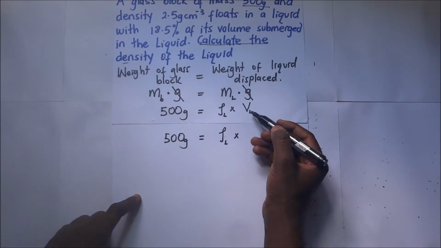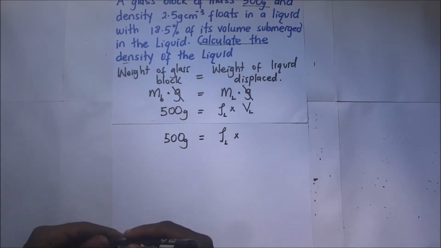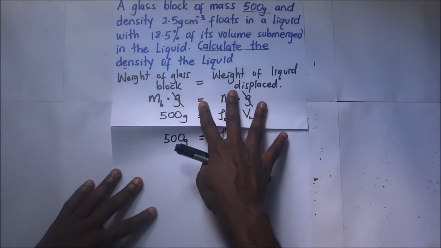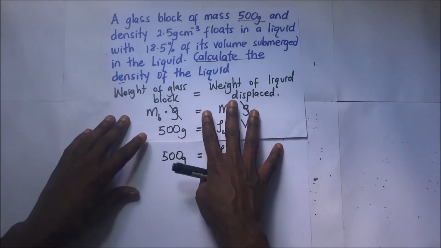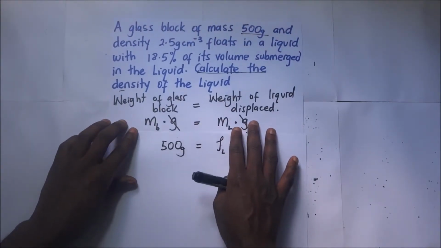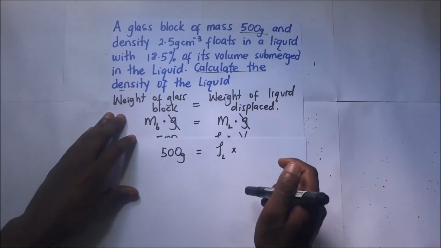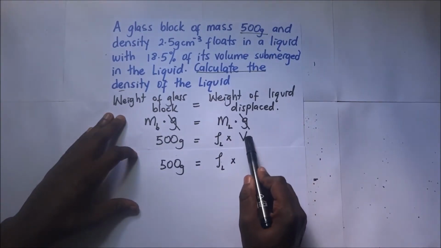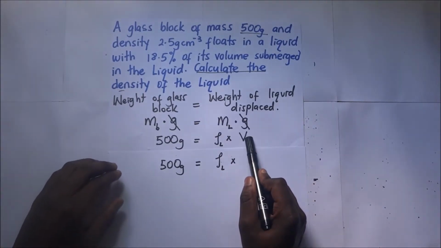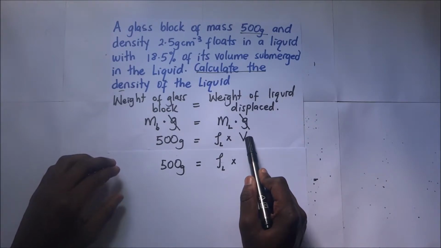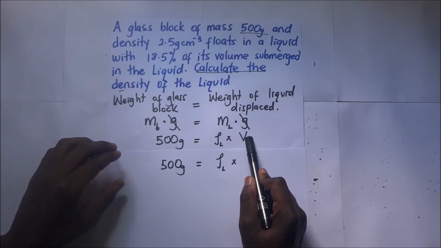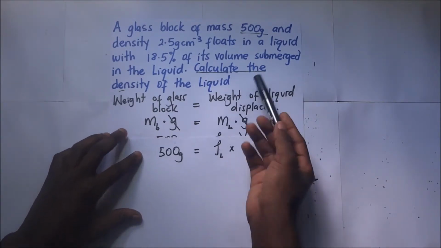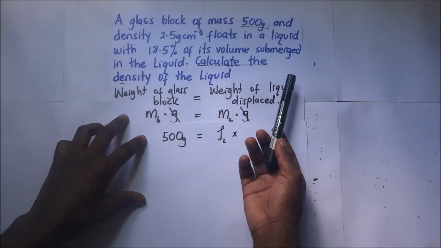Here we are looking at the volume of the liquid that has been displaced. Of course, the volume of the liquid that has been displaced has not been given to us directly in the question, but we know that it is equivalent to the volume of the portion of the solid that was actually submerged. So we just need to look for the volume of the solid that was submerged.